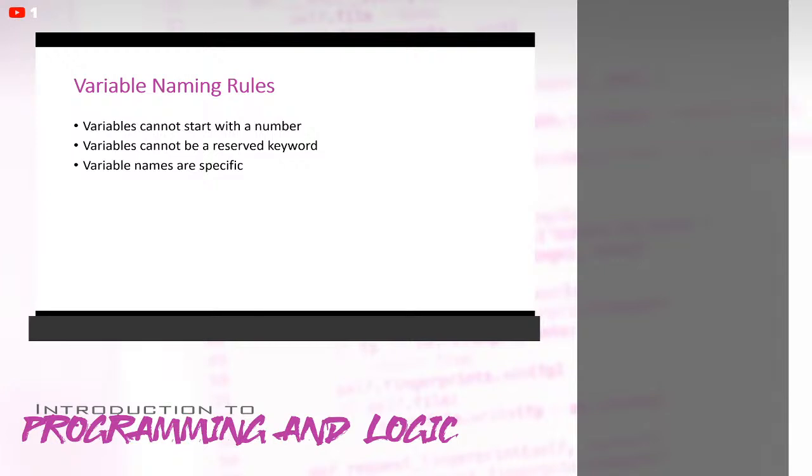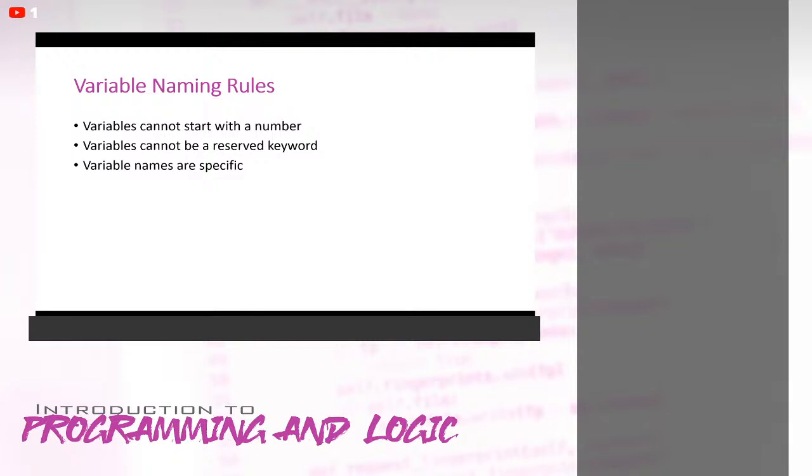And then there's no math that can be done. Another thing is that variables cannot be a specific reserved keyword. So there are reserved keywords in Python and in all programming languages. And when we say keywords here, we're talking about terms in the programming language that do something.